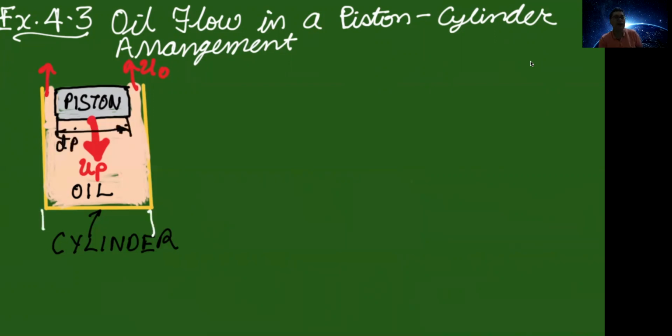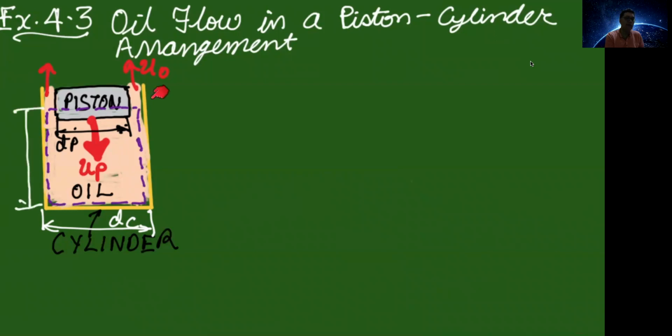This is the diameter of the piston denoted by dp. This is the diameter of the cylinder shown here. This is the control volume which we are considering. This is the fixed region where we will focus our attention, and the height of the control volume is shown as h.